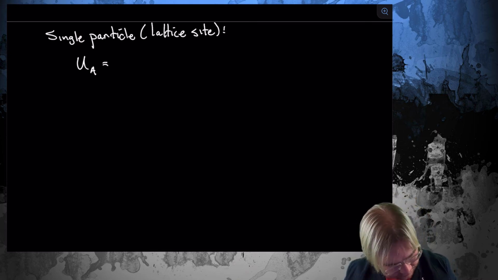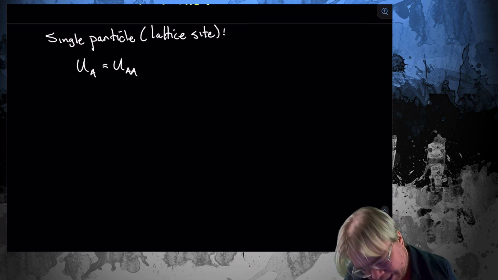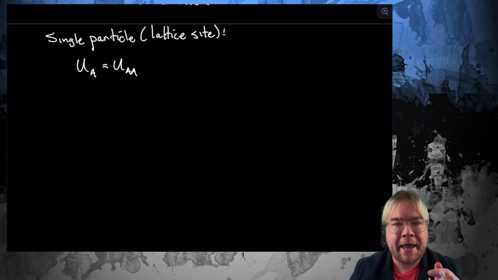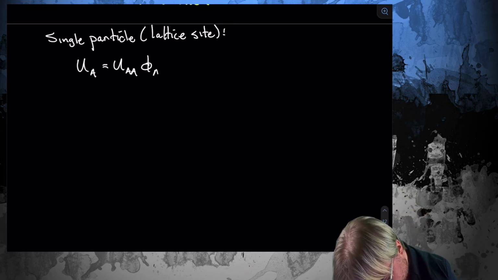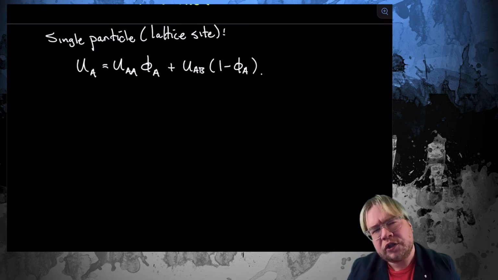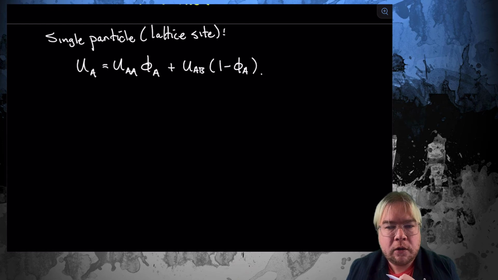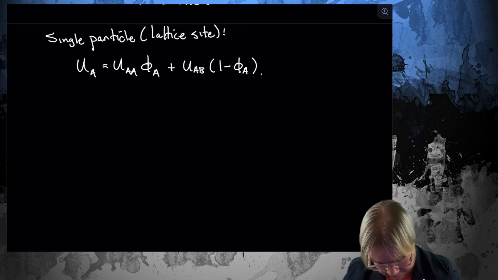So this is going to be UAA, the strength of an AA pairwise interaction, multiplied by the volume fraction of A, plus UAB multiplied by the volume fraction of B. So this is on average what you would expect for the interaction between one lattice site and another lattice site.